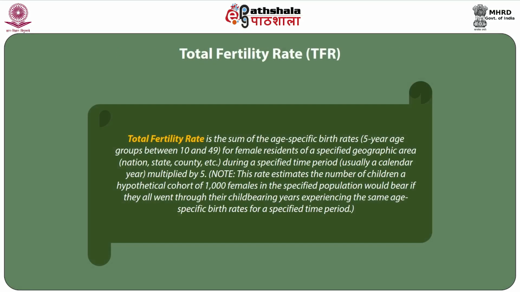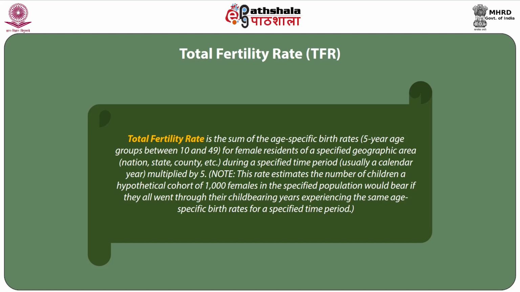Let's look at the calculation for the total fertility rate, usually referred to as TFR. Total fertility rate is the sum of the age-specific birth rates, that is, 5-year age groups between 10 and 49, for female residents of a specified geographical area, whether it can be a nation, state, country, or other similar geographical region, during a specified time period, usually a calendar year, multiplied by a constant of the 5-year interval.